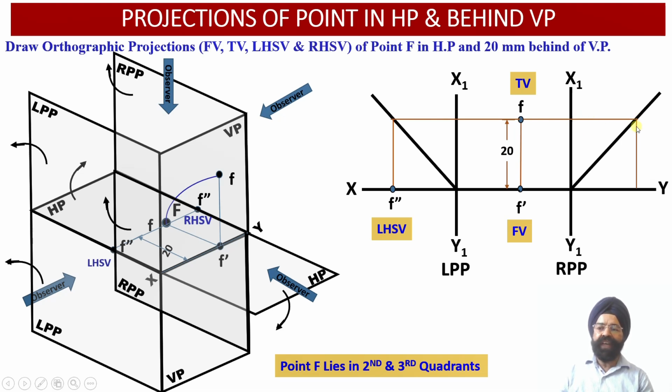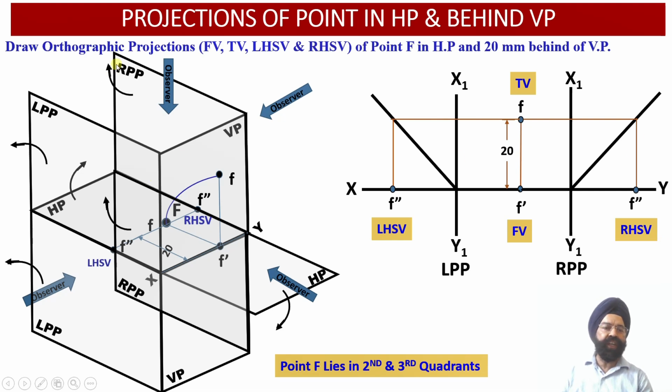Now wherever this vertical projector line, which is emerging from this transfer line corresponding to point F, intersects with this horizontal line which is emerging from the point F dash, indicating the height of this point F dash from the ground or the horizontal plane, which is 0 over here since this point F happens to lie in the horizontal plane, this intersection point of the horizontal projector line and the vertical projector line will provide us with the location of the point F double dash, that is the right hand side view projection, in the right profile plane.